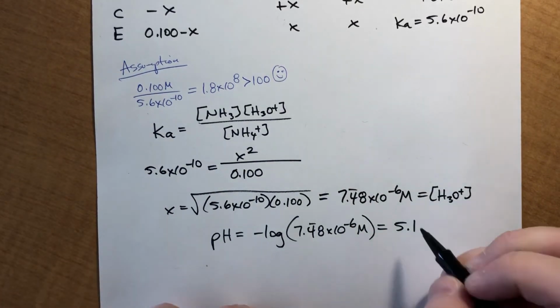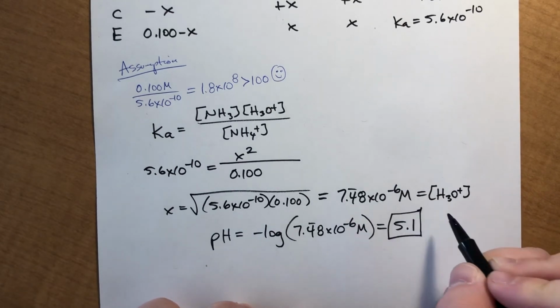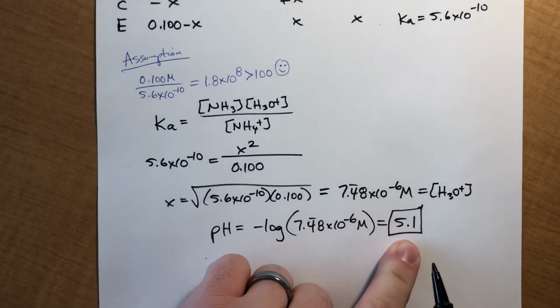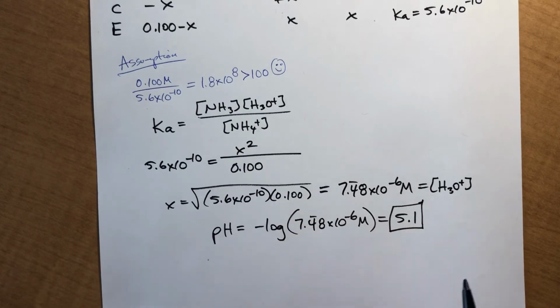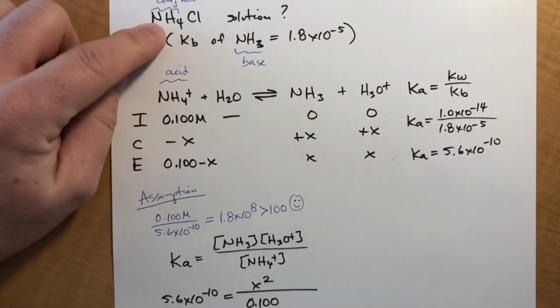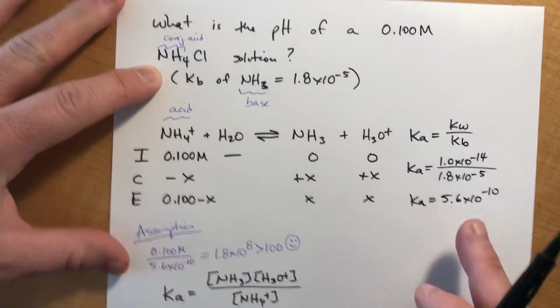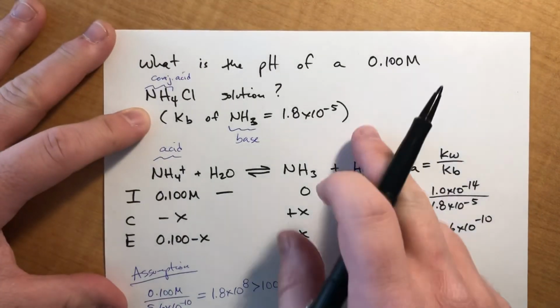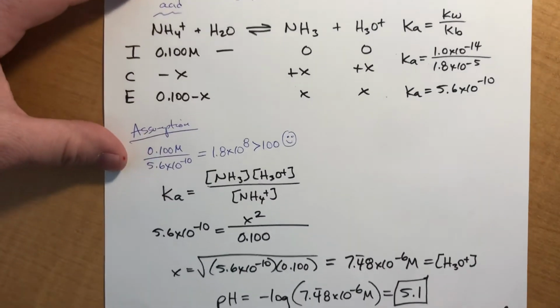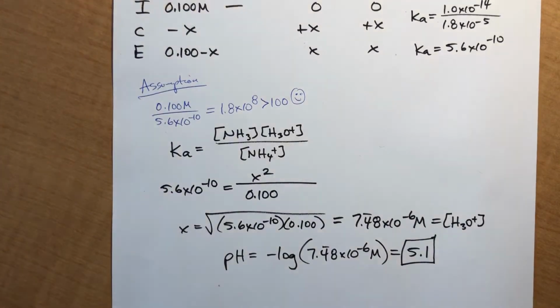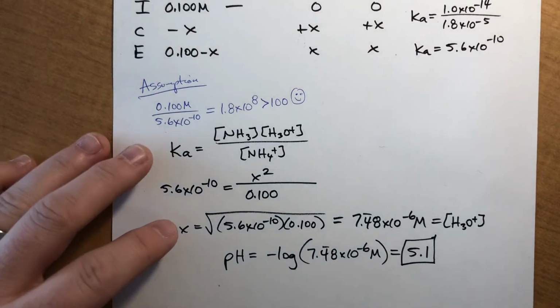So the answer comes out to 5.1, which is a pH below 7, which is definitely an acid, but it's a pretty weak acid. 5 is not super acidic. But that makes sense because this isn't a real strong acid. Its Ka value is pretty small. And it's not a stupidly high concentration, so not drastically different than the last problem.